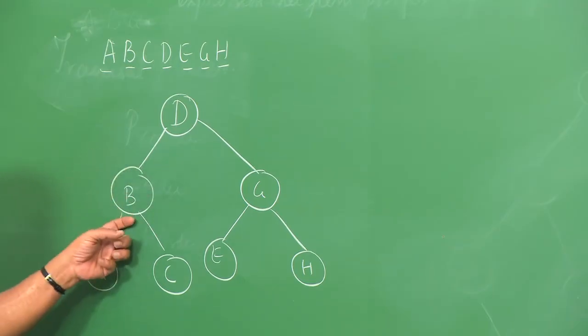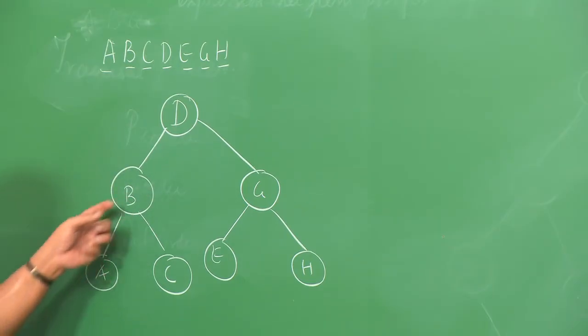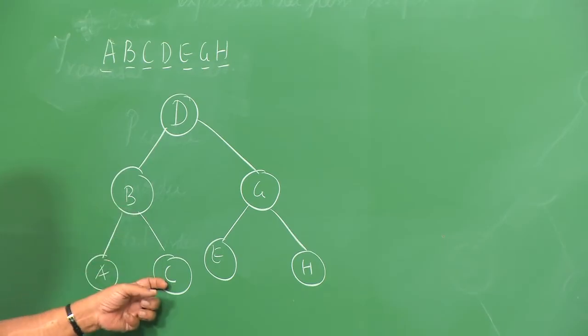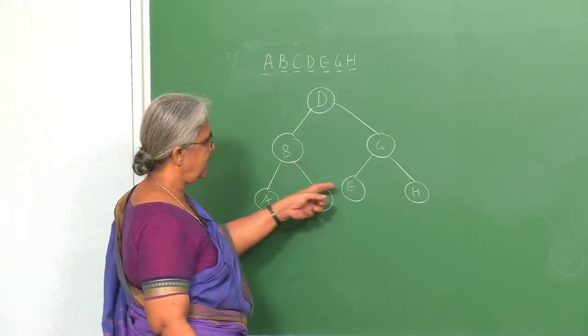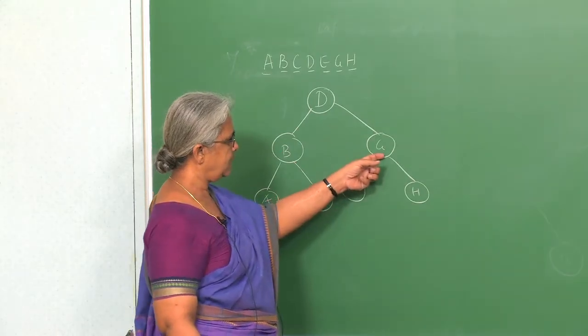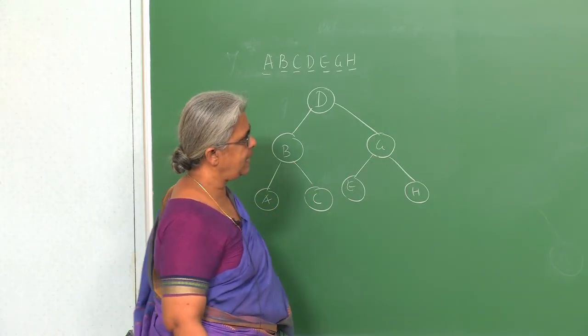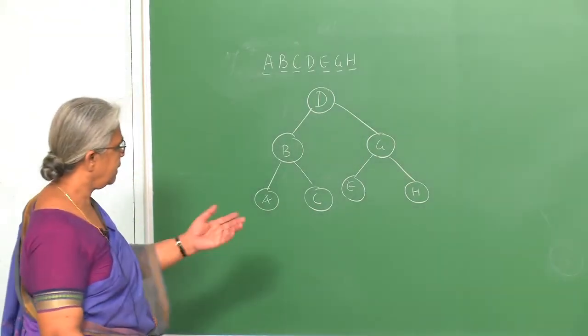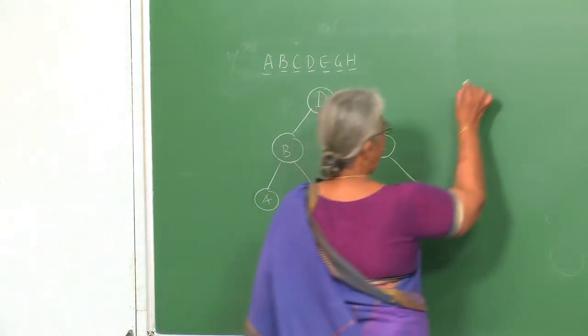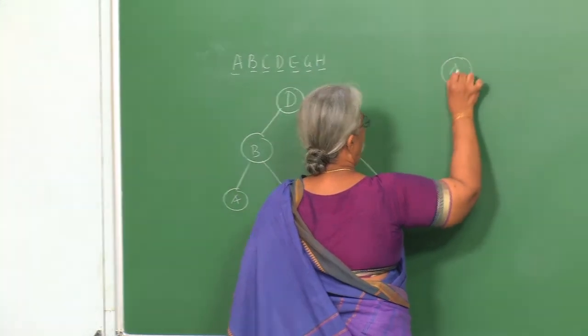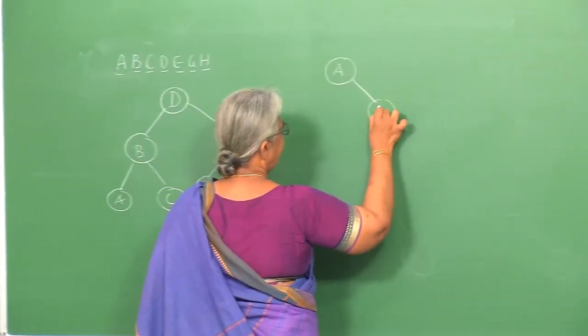For example, if you take the node B here, the left subtree has smaller key values than B, the right subtree has larger key values than B, E here again is smaller than G, and the right subtree has larger values than the given node. Interestingly, this is also a binary tree.